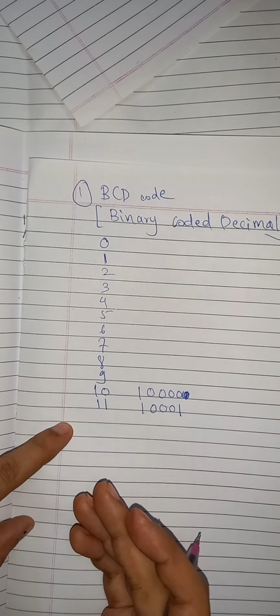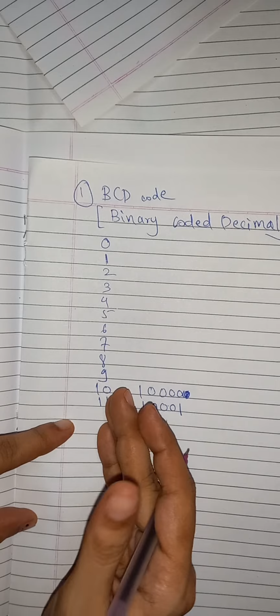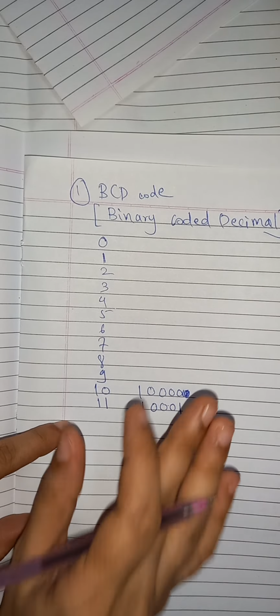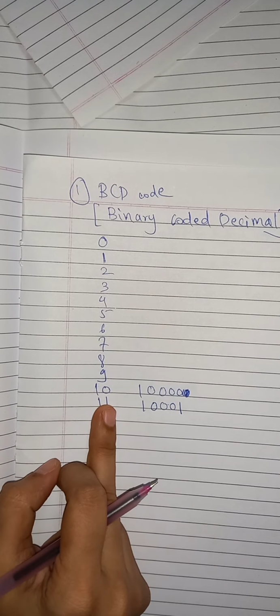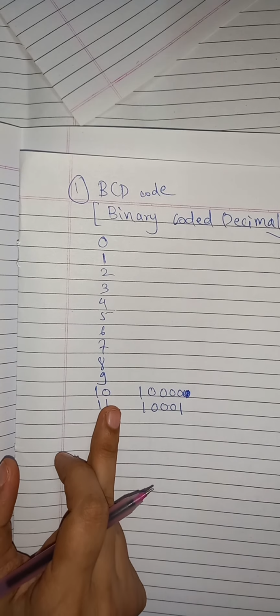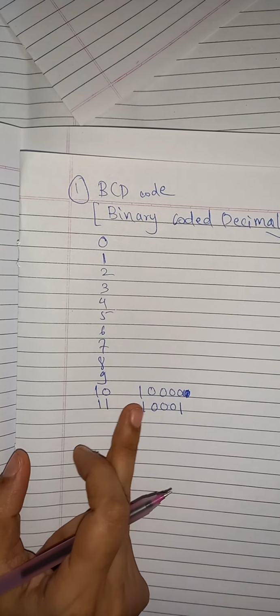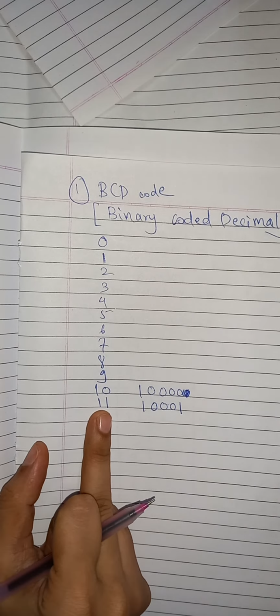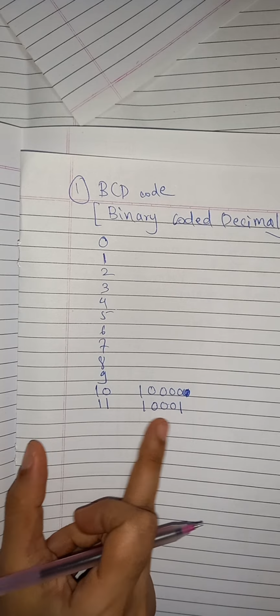So in binary coded decimal, 0 to 9 have the same representations as the decimal number system; the only difference is 10. After 10, they are represented as 1 followed by four 0s, and 11 is represented as 1 0 0 0 1, and so on.